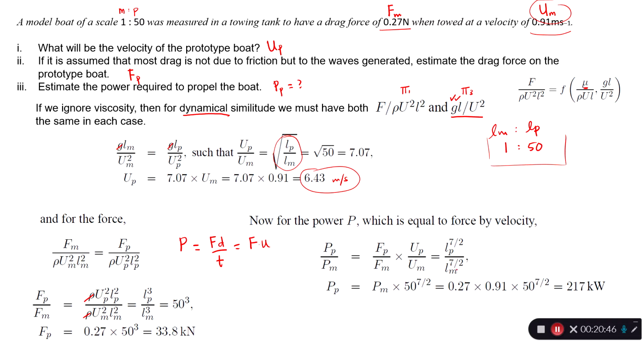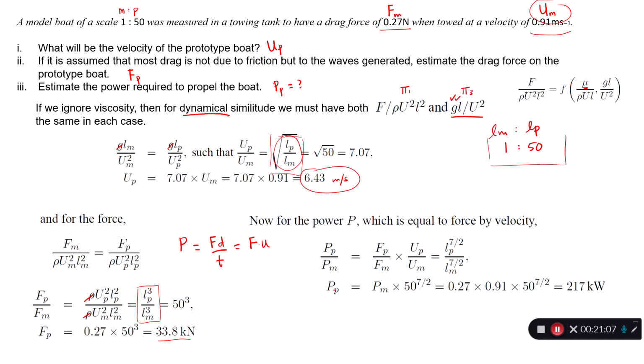Where do we get this relation? F is basically this, and the U ratio is basically this, so you just combine that. Or you can still substitute the actual values and you'll get the same answer.